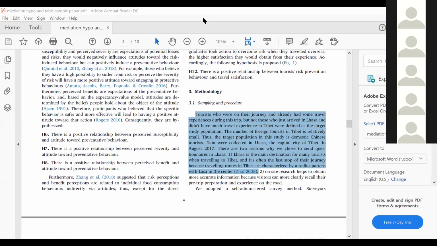So, having said that, starting from the introduction till now, please note you have to justify everything.